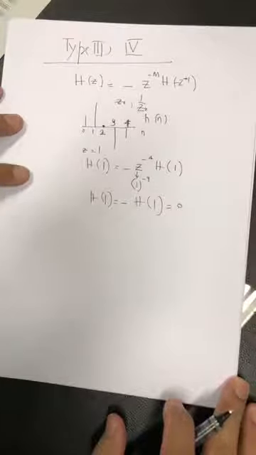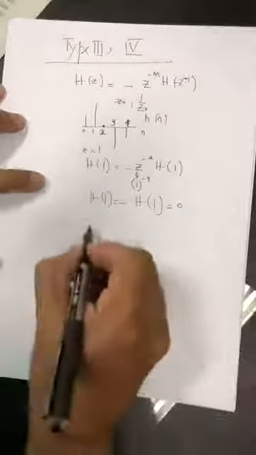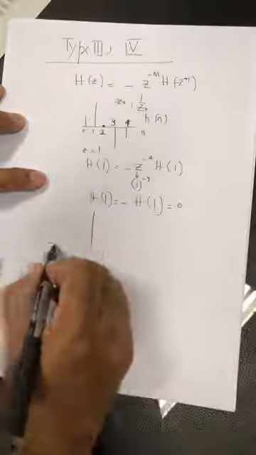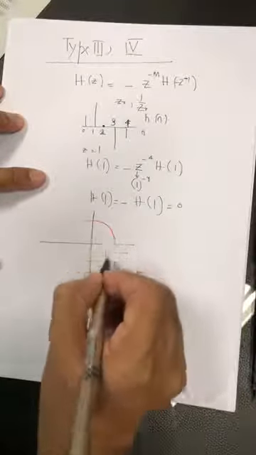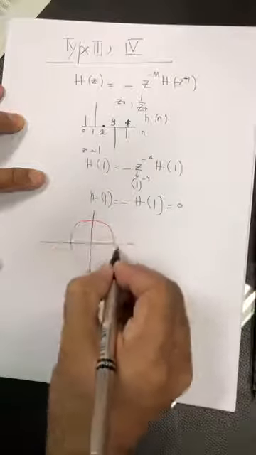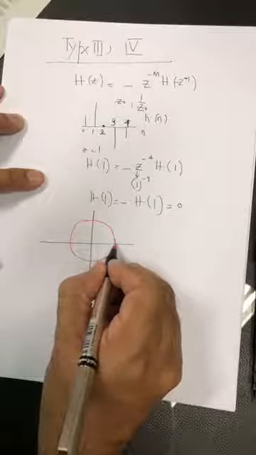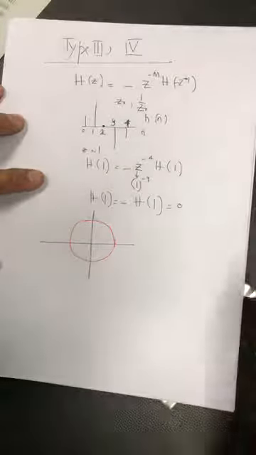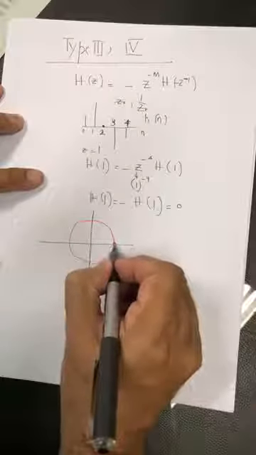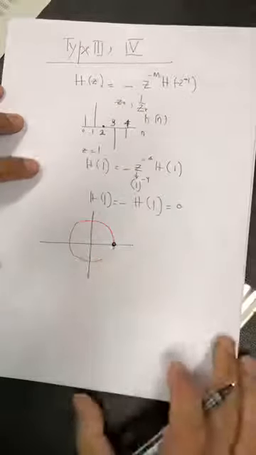So what does it mean? That if you draw it, the same thing, it has to be a 0. If I draw a unit circle, there has to be a 0 here. It means you cannot have a low pass filter as a type 3 filter.